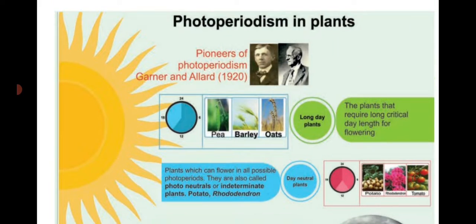Dear students, see the diagram of photoperiodism in plants. This is the picture of the scientists Garner and Allard, who introduced the process known as photoperiodism. Pea, barley and oats are known as long day plants because these plants require a long critical day length for flowering.